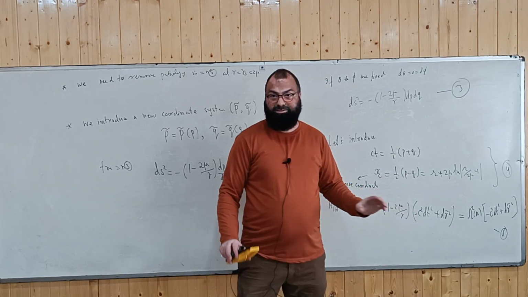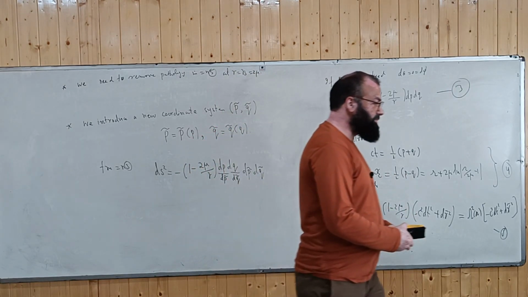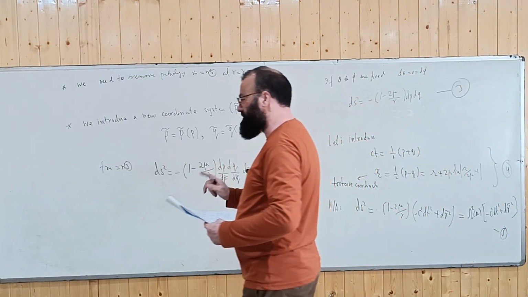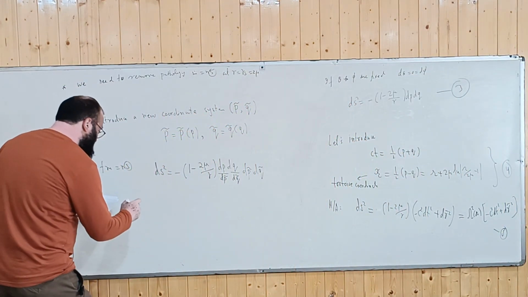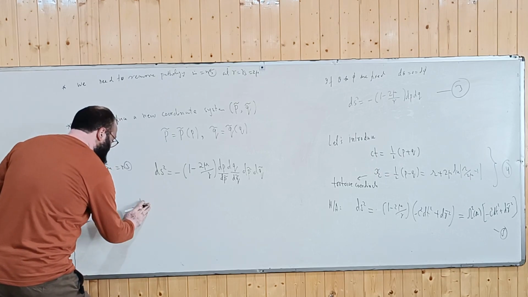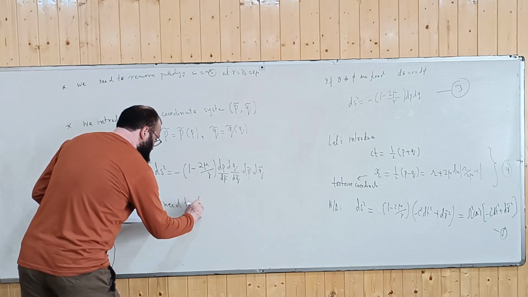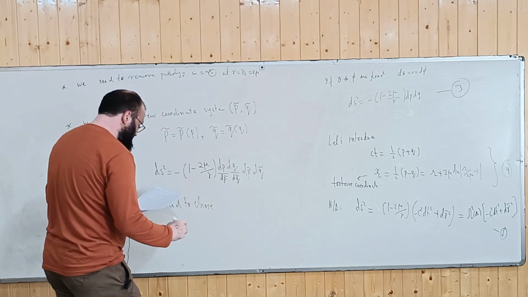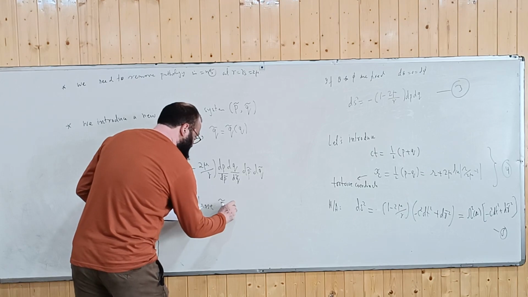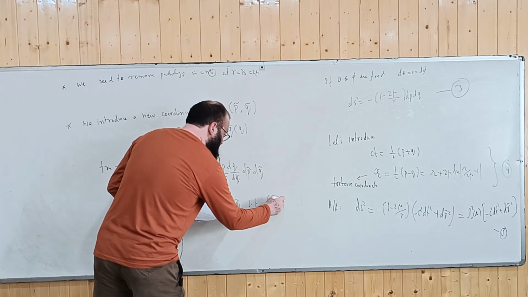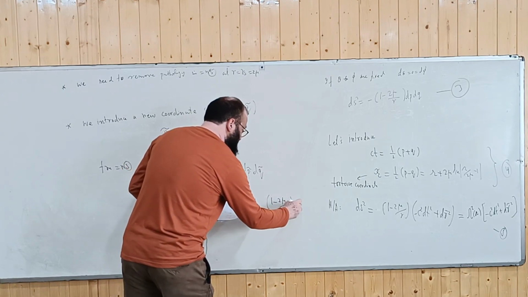So what Kruskal found, we can derive it, but I will introduce only. Kruskal found we need to choose P and Q such that the factor 1 minus 2 mu by r is removed.